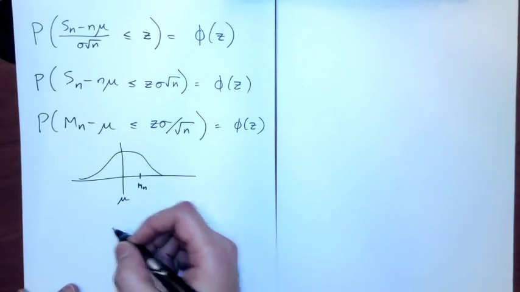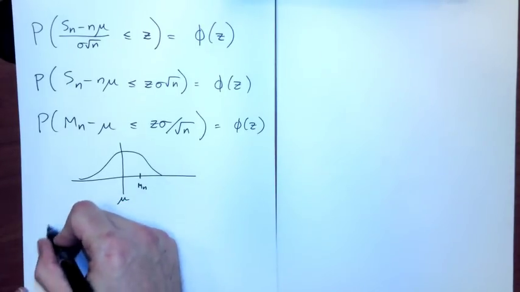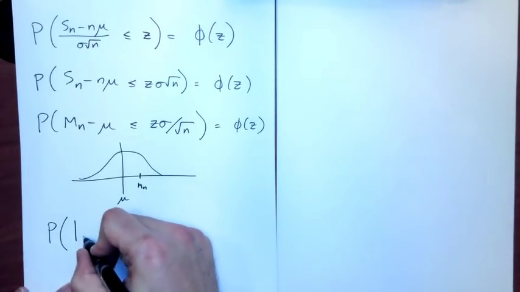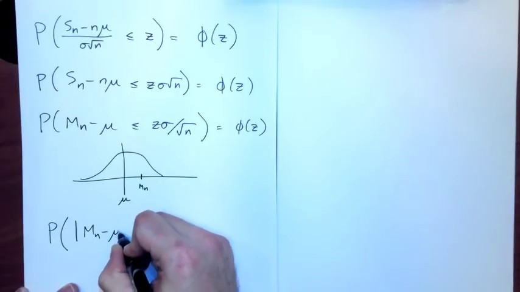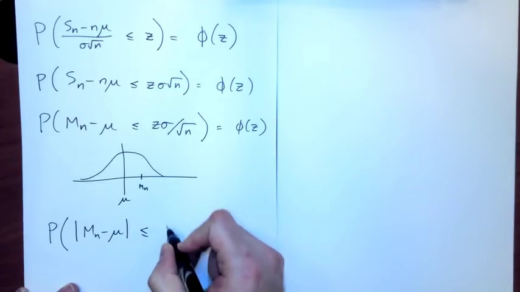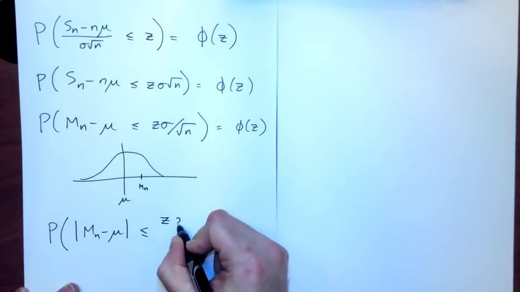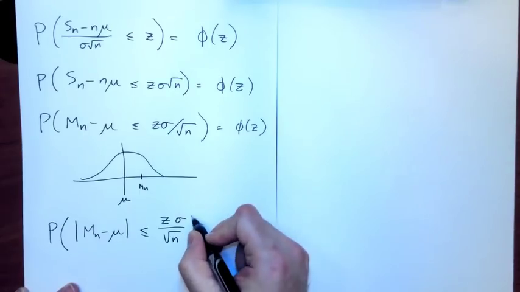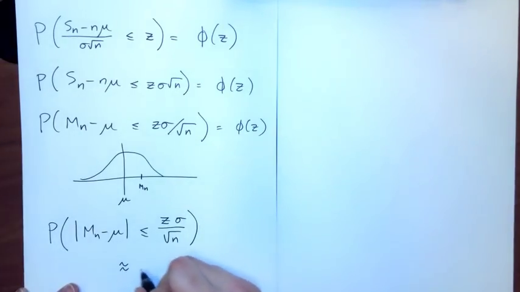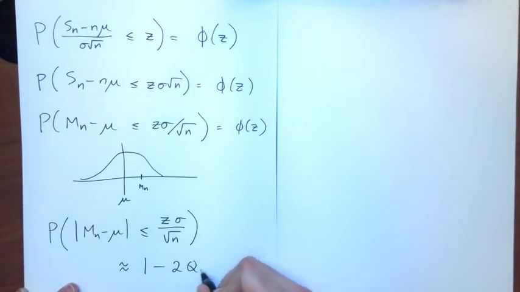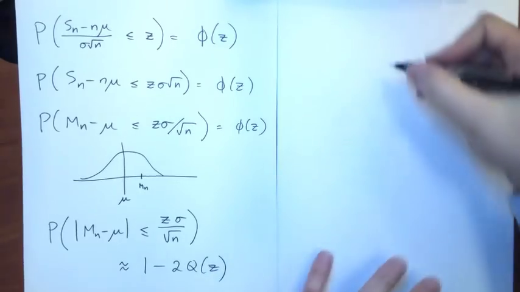What I want to say as the other side is, okay, I could say the probability that I am less than this distance from the mean, like this, is approximately 1 minus 2q of z. Let me draw that as a picture.